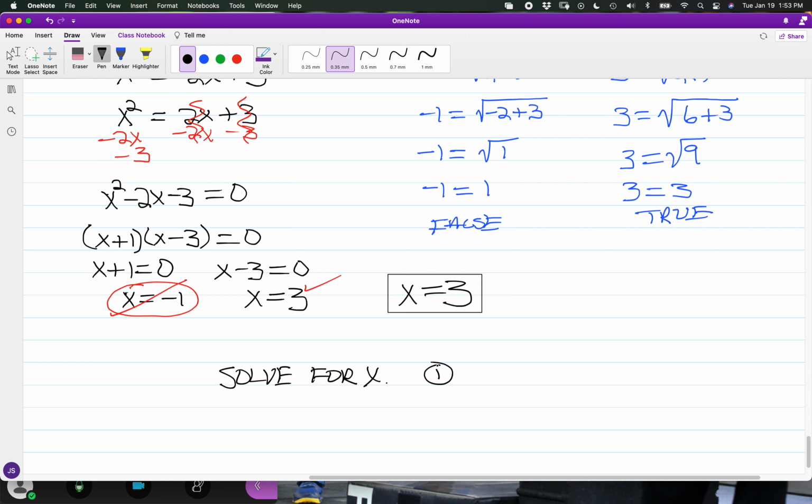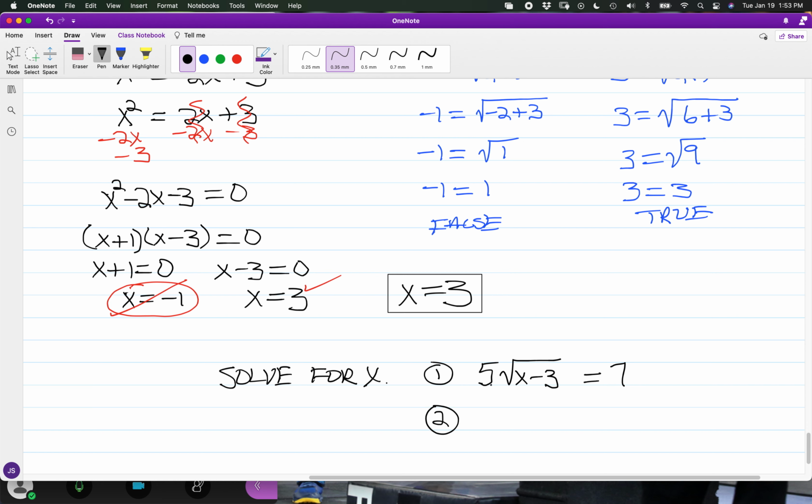And we'll say that in this one, we have 5 times the square root of x minus 3 is equal to 7.